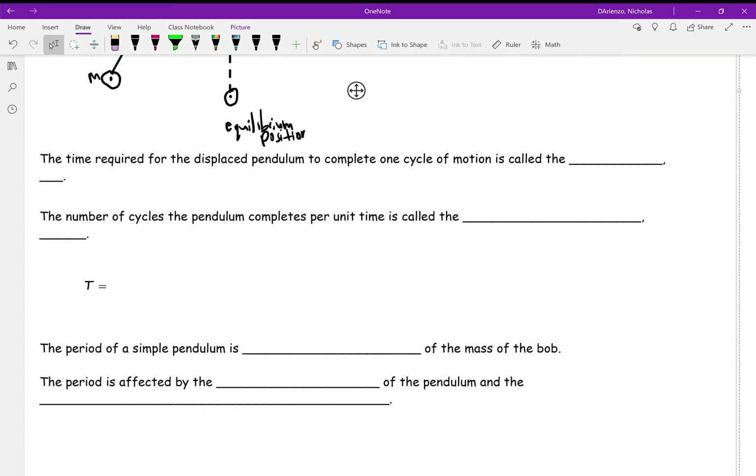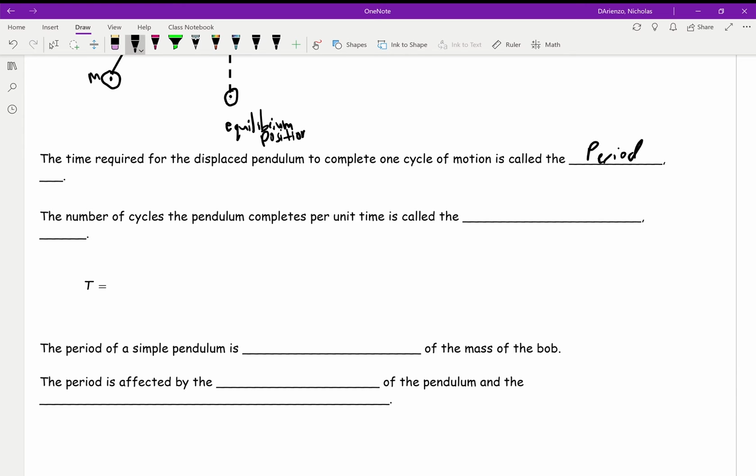Now, the time required for the displaced pendulum to complete one cycle of motion, so from equilibrium to one side, back to the other, and back to the equilibrium position, touching both sides opposite the equilibrium position, is called the period.